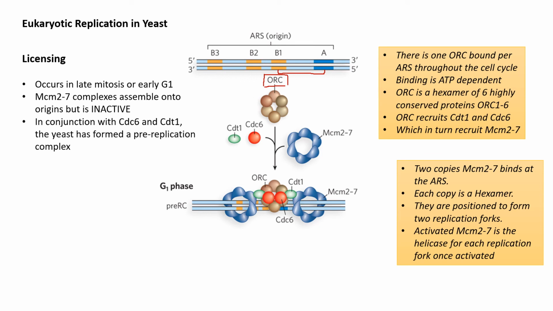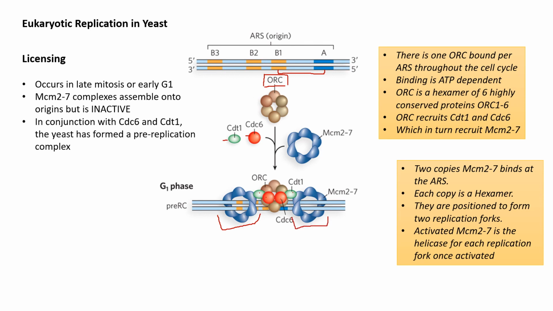Once ORC binds, we recruit two more proteins, which are shown here, CDT1 and CDC6. CDT1 and CDC6 together in turn recruit the binding of MCM2-7.